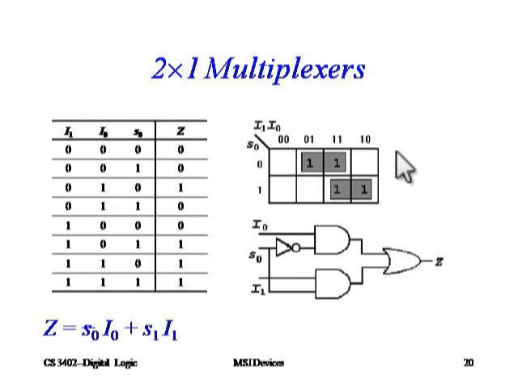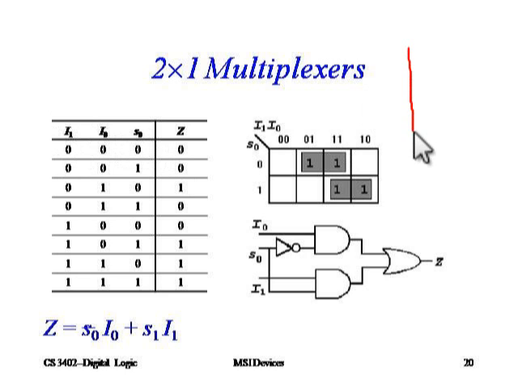Okay, now what we want to do is see the block diagram of the 2 cross 1 multiplexer, its Karnaugh map and its truth table. So we have a total of 3 inputs over here, I1, I0 and S0. It is a selection line but it is also an input.